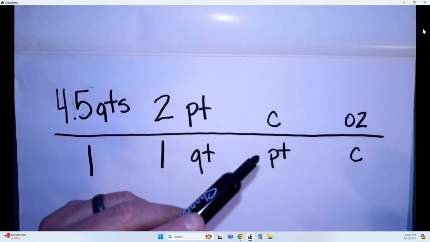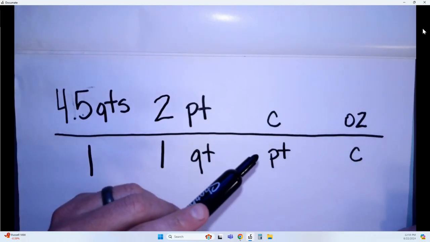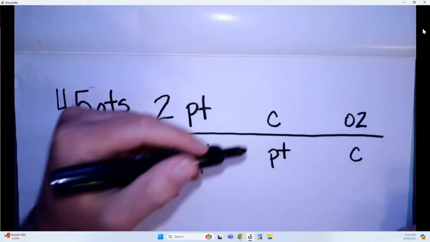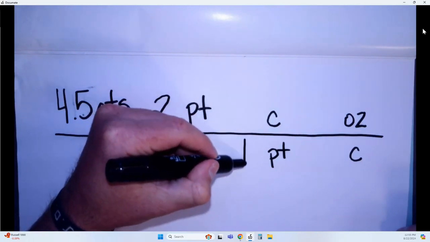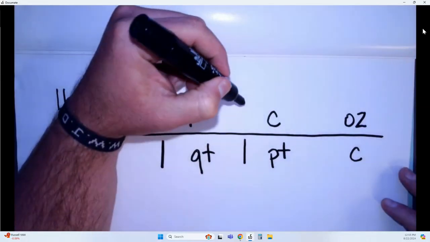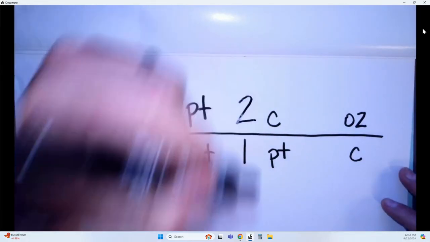Now I move to my next pair. I look at cups and pints, and my larger unit gets a quantity of 1. So I have 1 pint. And now I'm thinking, how many cups make up 1 pint? 2 cups make 1 pint.